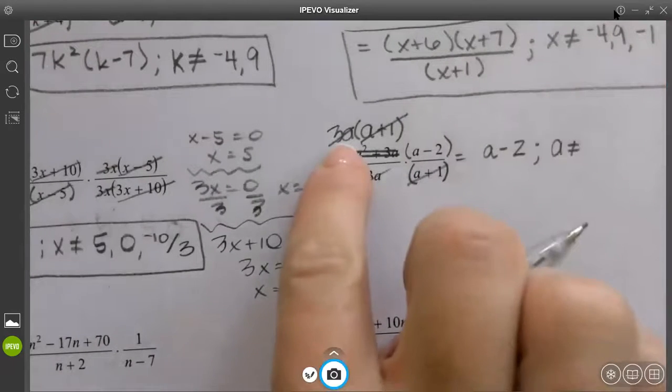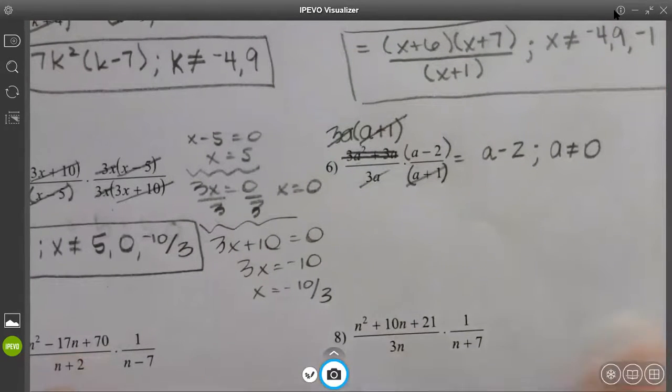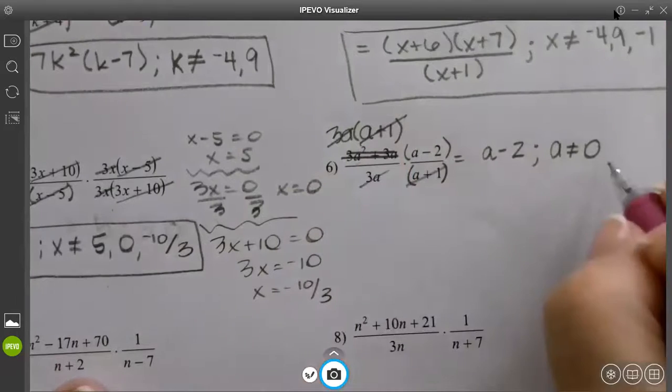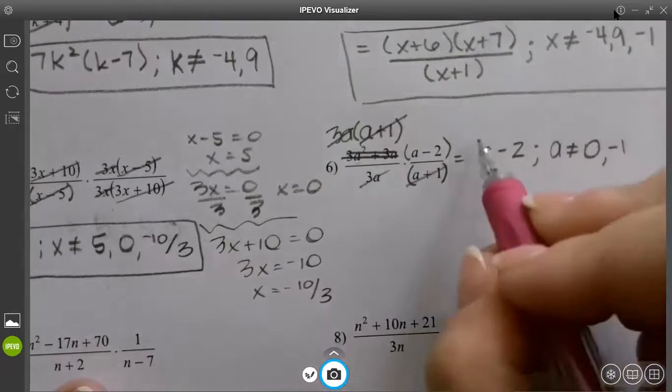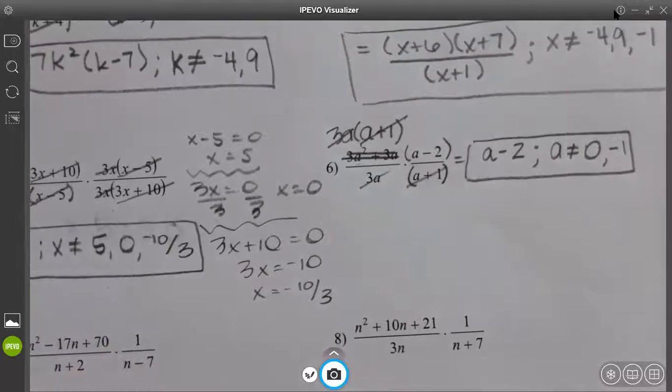I crossed out a single a, which makes a 0. I also crossed out a plus 1, so negative 1 will be a discontinuity. I didn't leave anything in the bottom, so there are no vertical asymptotes. So again, it's the same exact thing we did yesterday.